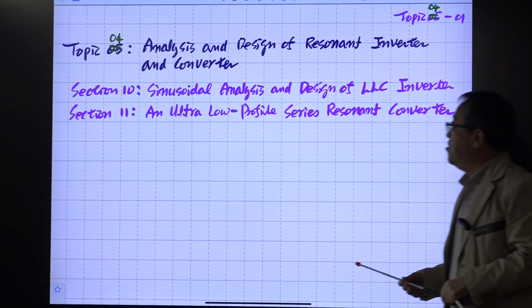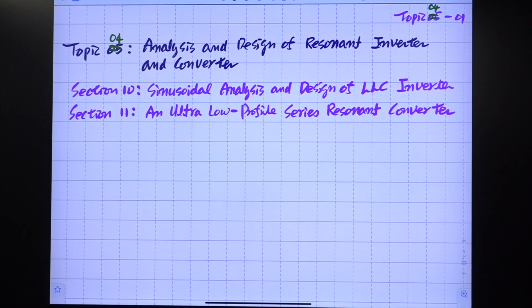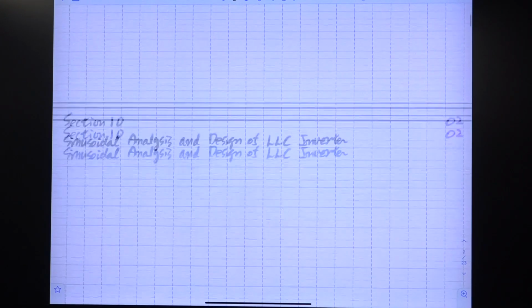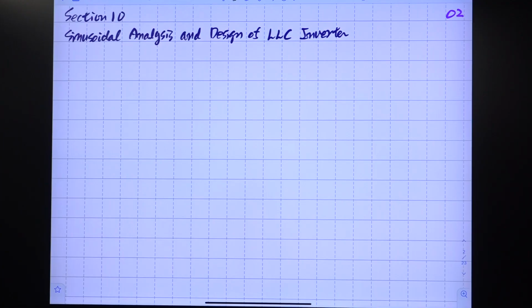Okay. So the first section is sinusoidal analysis and the design of LLC converter. As I mentioned several times, this LLC resonant tank is most widely used now because we are using MOSFET switches.